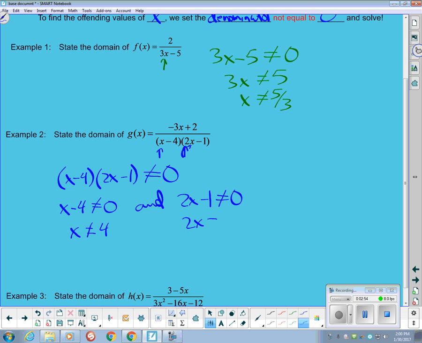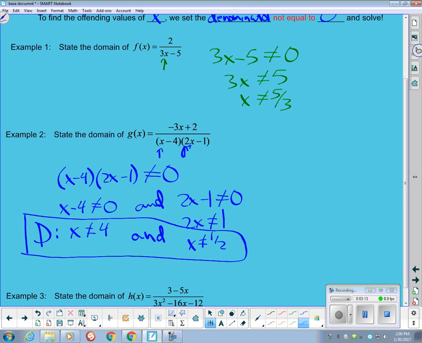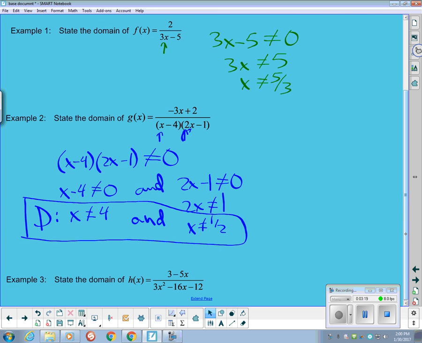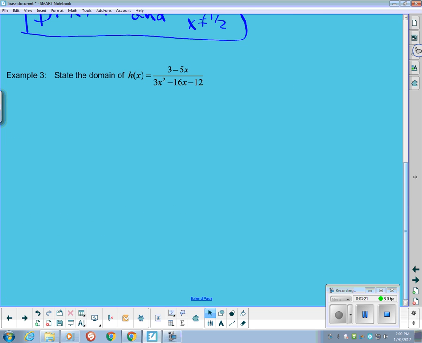This would say 2x cannot be 1, or x cannot be 1/2. And so I would say that my domain is x not equal to 4 and x not equal to 1/2. Those have been fairly straightforward. We have one more example that we're going to take a look at.